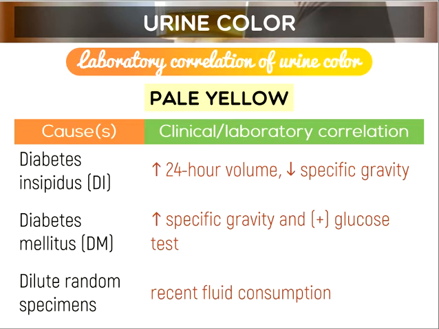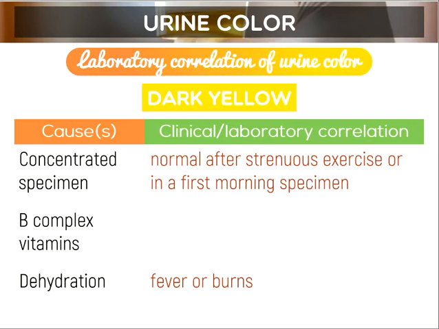So guys, for now, I want you to think: why is the SG high in DM, and in diabetes insipidus the SG is low, even though both are diabetes? Just to get your mind thinking. We'll discuss that later on.